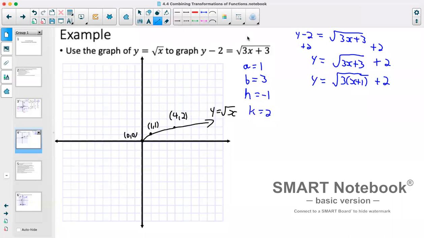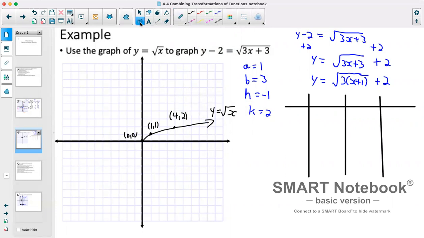So once again, I'll do a multi-column table of values. So we'll write down our original points. So at 0, we were at 0. At 1, we were at 1. At 4, we were at 2.